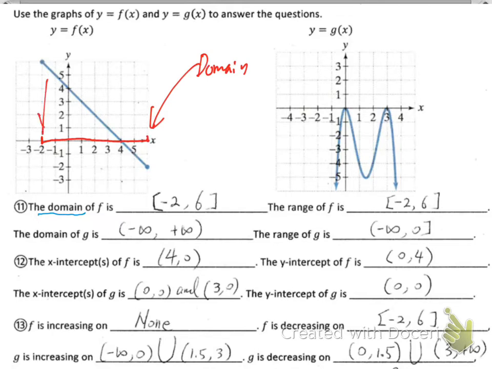Okay, so you project this way. That's all the possible x. You can see it is between -2 and 6. Okay, that's the domain of f. So now for the domain of g, because there are two arrows, right? Two arrows means it continues forever.